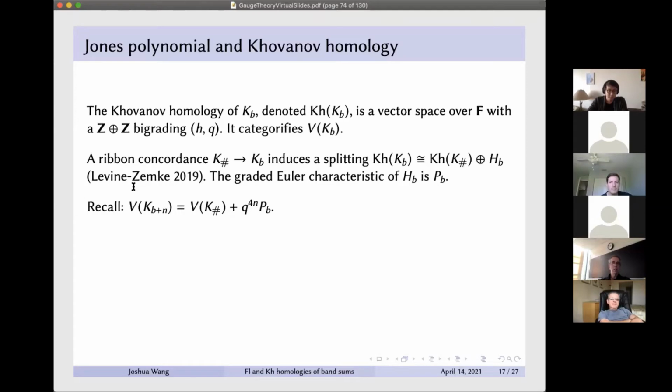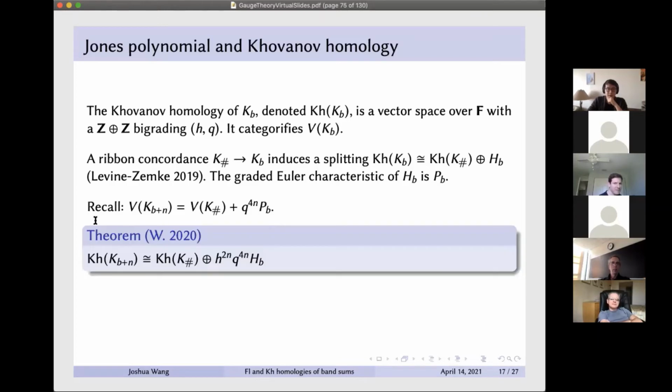Right, and this is how the Jones polynomial behaves when you add twists, just copied from the previous slide. And here is how Khovanov homology changes when you add full twists to the band. So what happens is that the Khovanov homology of the connected sum just sits there, stationary. It doesn't move, it's always a direct summand.